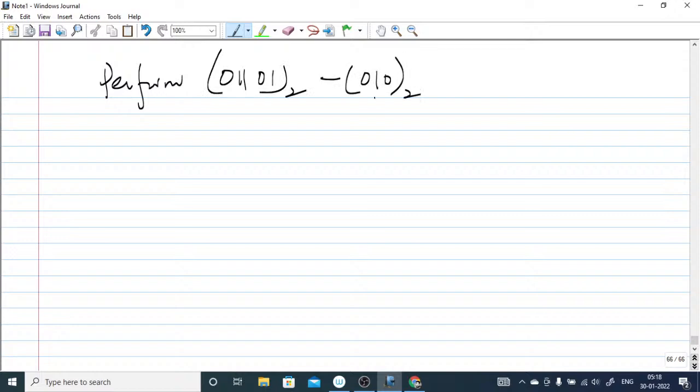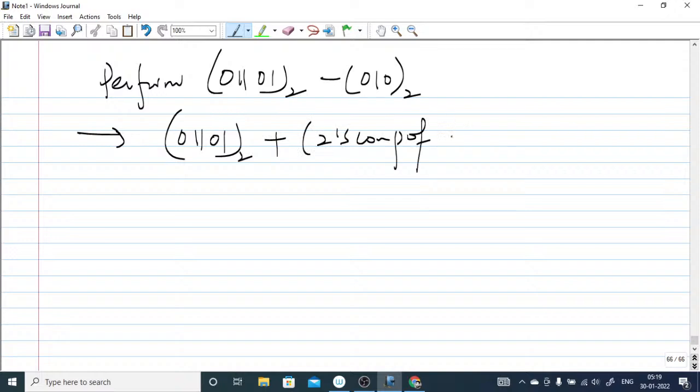What you have to do here is write this as 0 1 1 0 1 plus, directly, the 2's complement of 0 0 0 1 0.